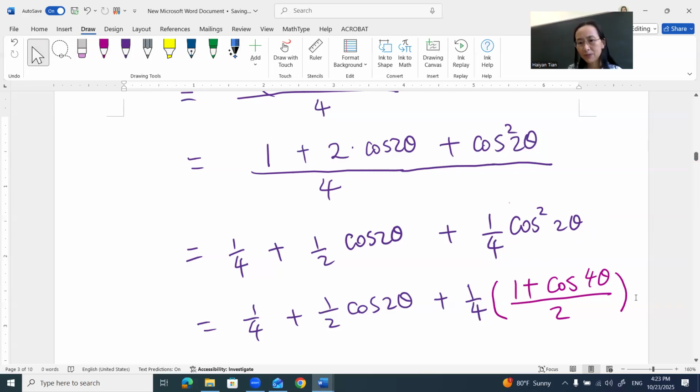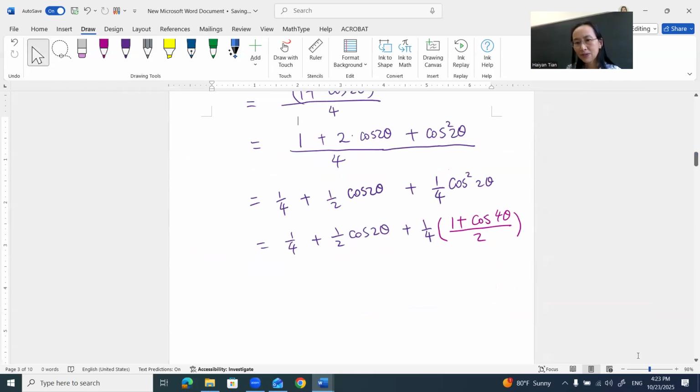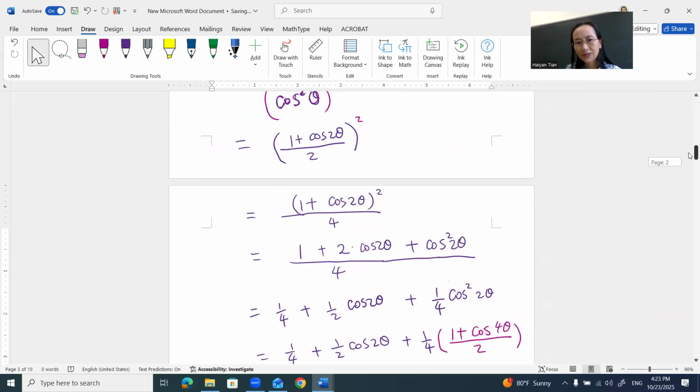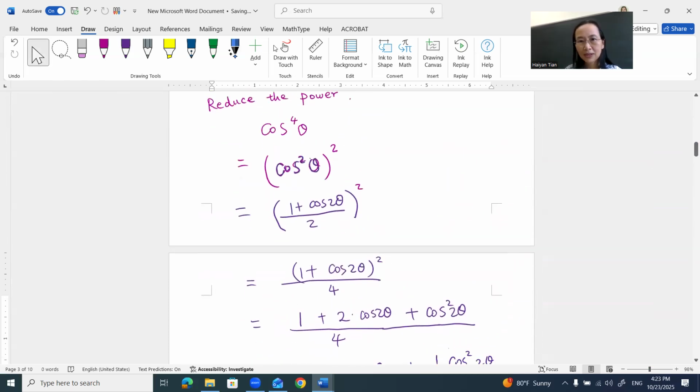So that's all. And then we have achieved our purpose, because originally the problem was cosine to the fourth power. After one time of the power reducing formula, we get some expression involving this second power.